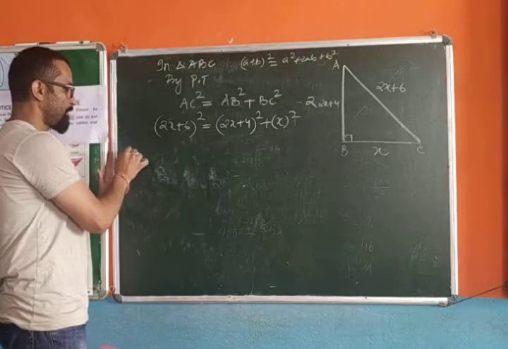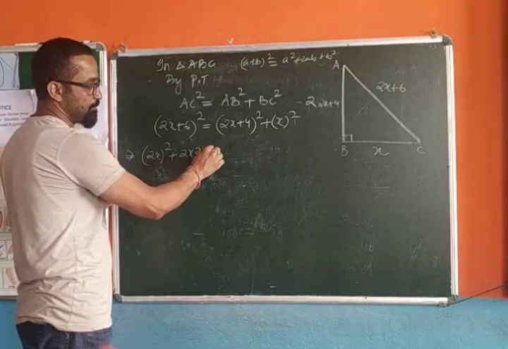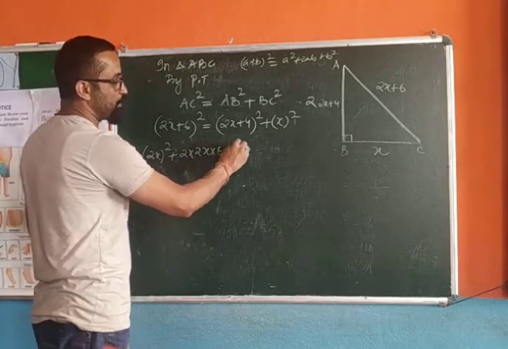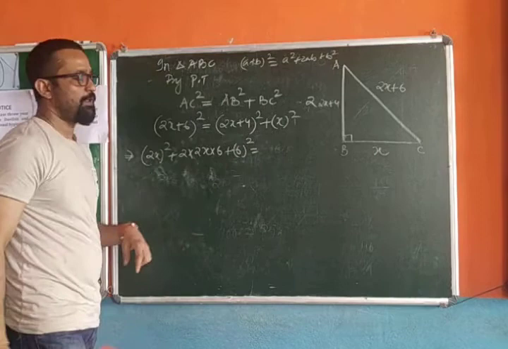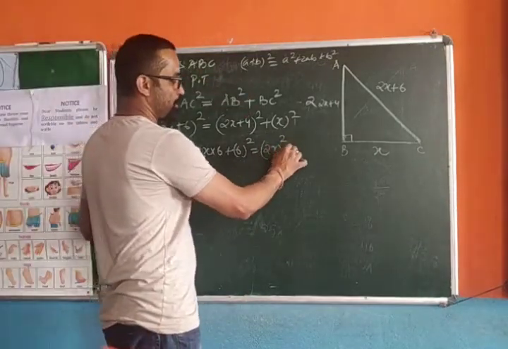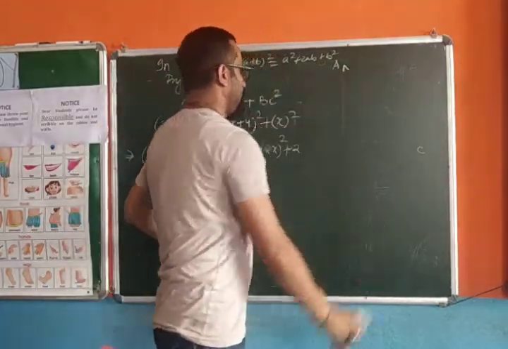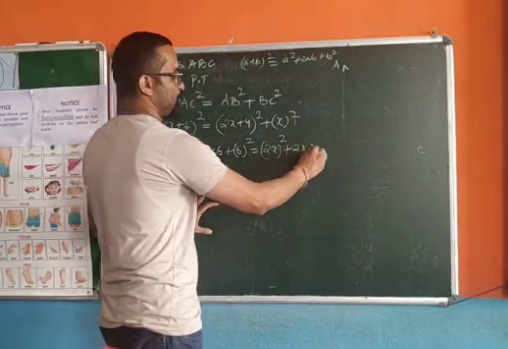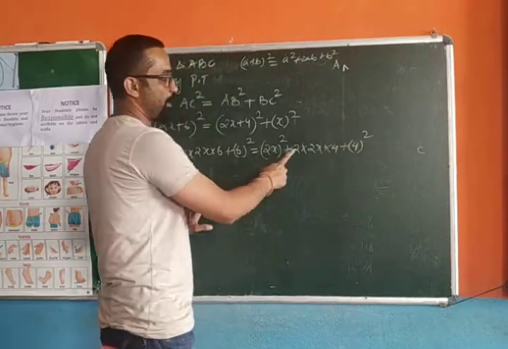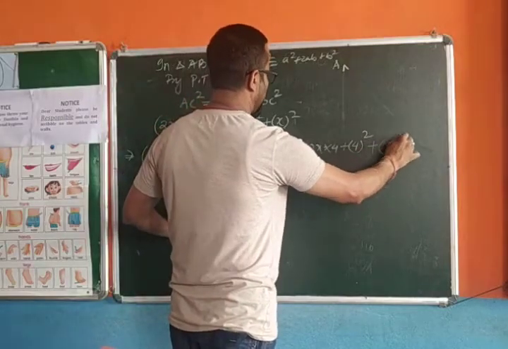Expansion: (2x) whole square plus 2 multiplied by 2x multiplied by 6, a square plus 2ab plus b square, equal to. Similarly, we expand this: a square plus 2 into 2x into 4 plus 4 square, a square plus 2ab plus b square, and the last one we write x square as it is.